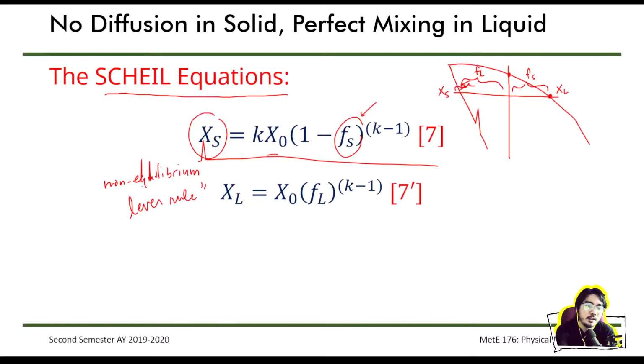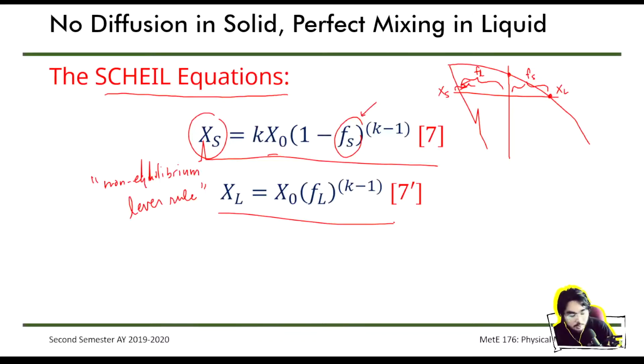Okay? So for equilibrium conditions, only the inverse lever rule is used, but for non-equilibrium conditions, we need to use the Scheil equation. And I'm not sure if this will be shown in other subjects, but there is a program that can create phase diagrams using thermodynamics: Thermo-Calc.